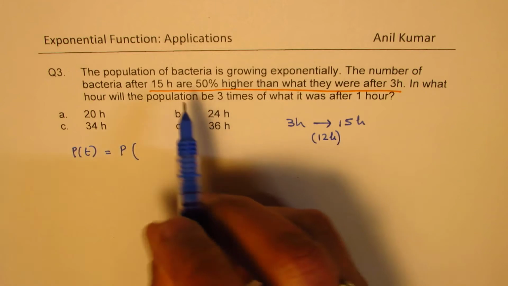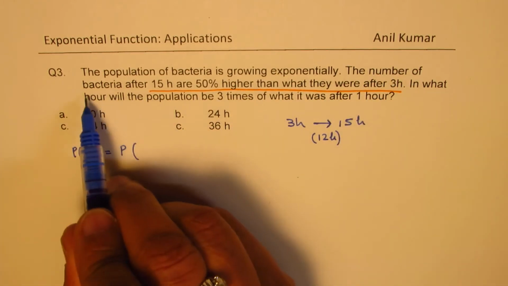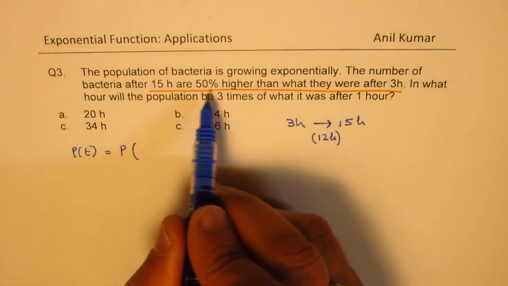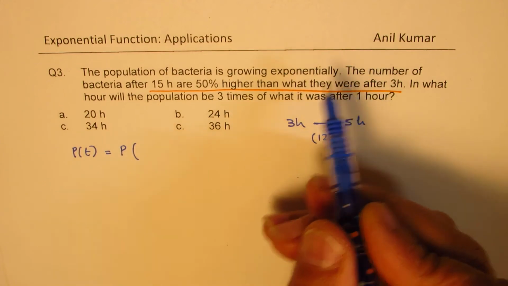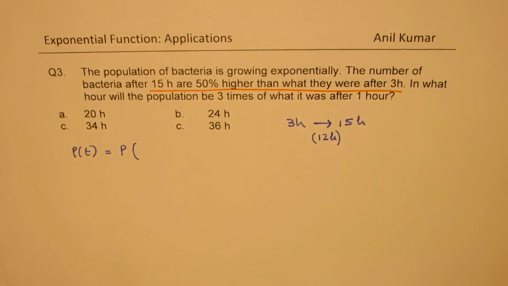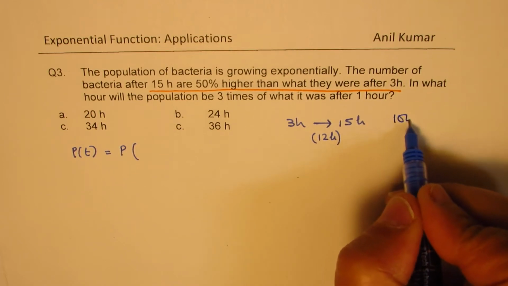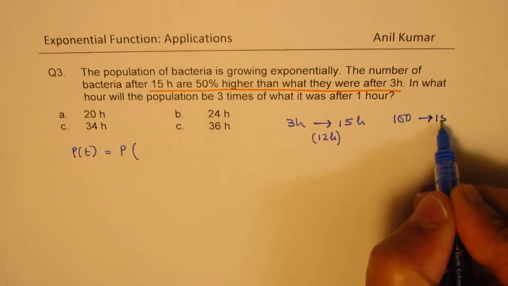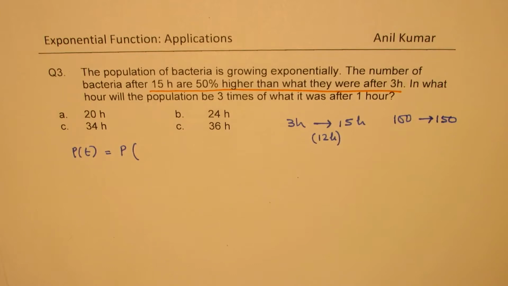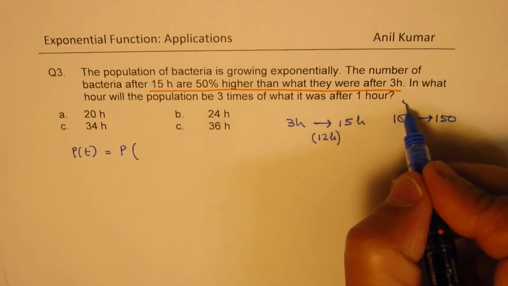During these 12 hours, the number of bacteria after 15 hours is 50% higher. 50% higher means what factor? So it increased from, let us say, 100 to 150. That is 50% higher, right?